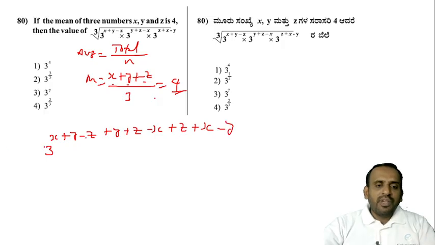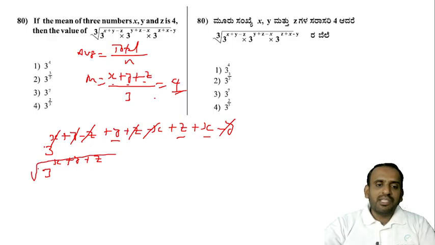So if you observe, we have minus z, we have plus z, we have minus x, we have plus x, we have minus y, we have plus y. So what is remaining? Plus y plus x plus z. So which means 3 to the power of x plus y plus z is remaining inside the bracket.